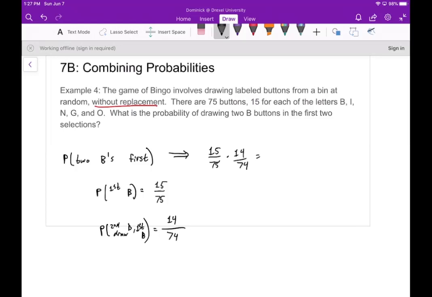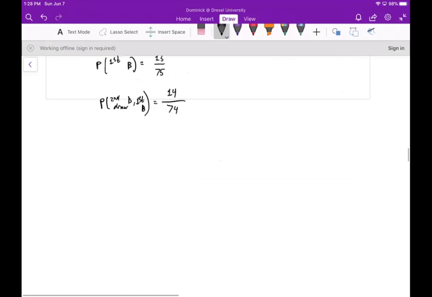If we multiply this out, we have 15 times 14 on the top, which gives us 210, and 75 times 74 on the bottom, which gives us 5,550. As a percentage, this is roughly 0.03784, so a little bit under a 4% chance that this happens. But the idea is that since you're not replacing these buttons, you have a different probability on the second one, and that makes them dependent events.